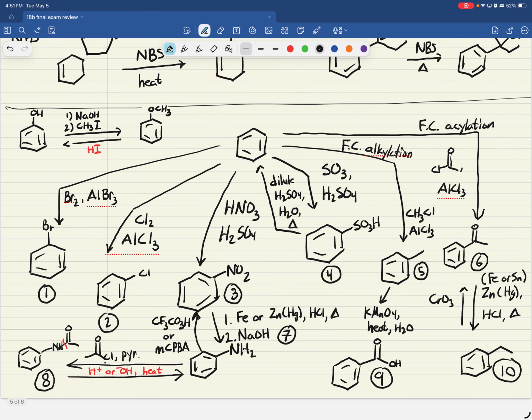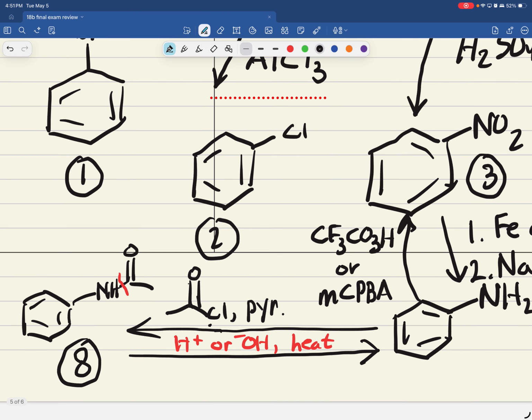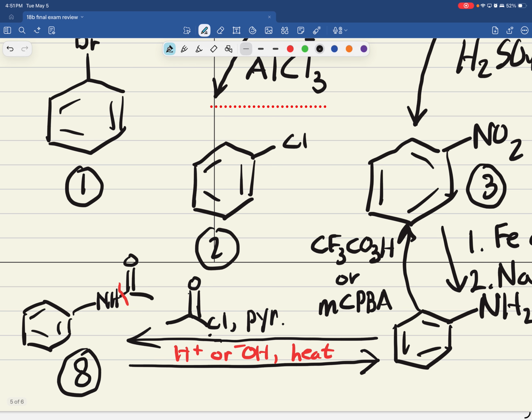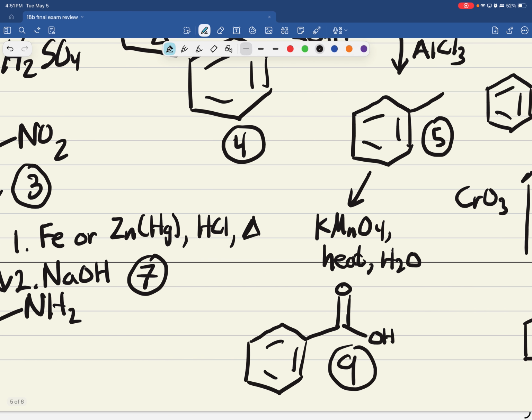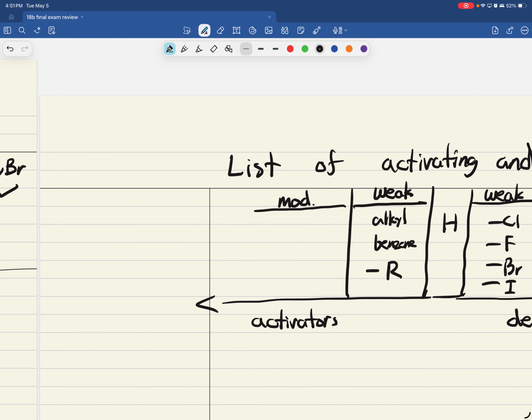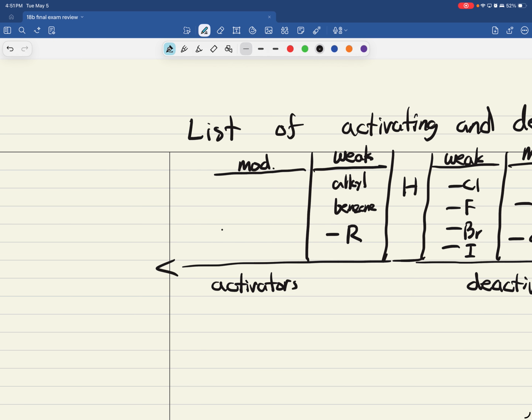So when the nitrogen is directly attached but also attached to an electron withdrawing double bond group, this is usually our esters and our amides attached through the nitrogen. That's our moderate ones. The lone pair is also participating outside of the ring.